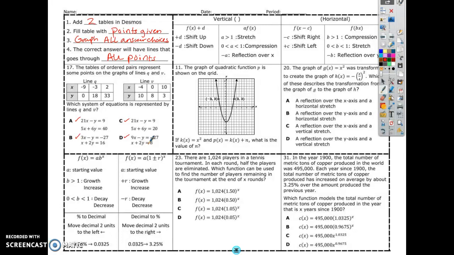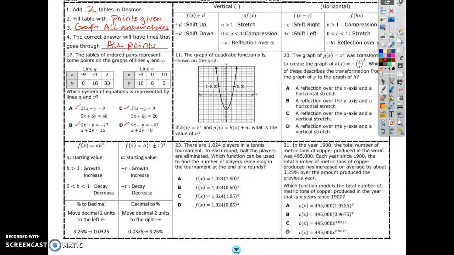Okay, and then let me see. Growth or decay is down here at the bottom. These notes go with this problem and this problem, so use those notes.